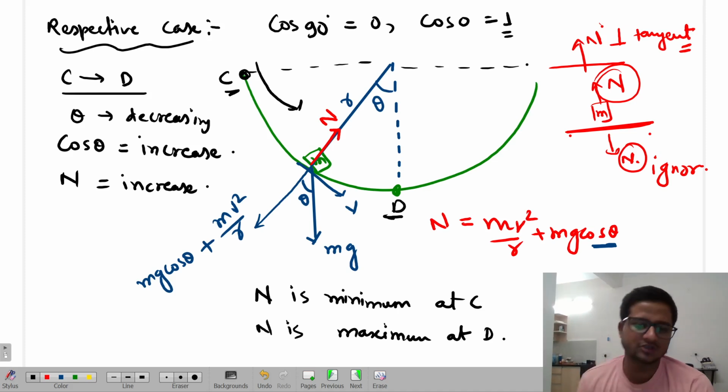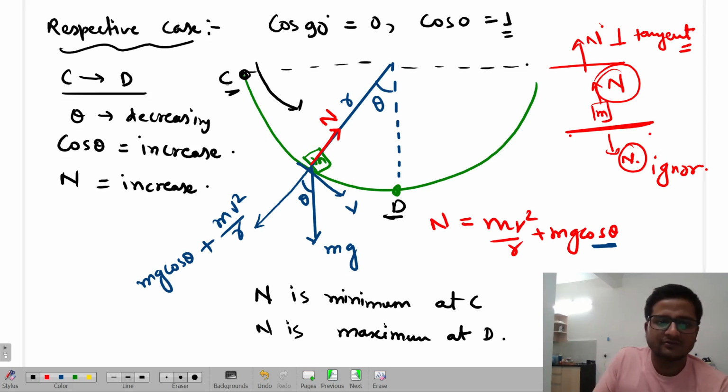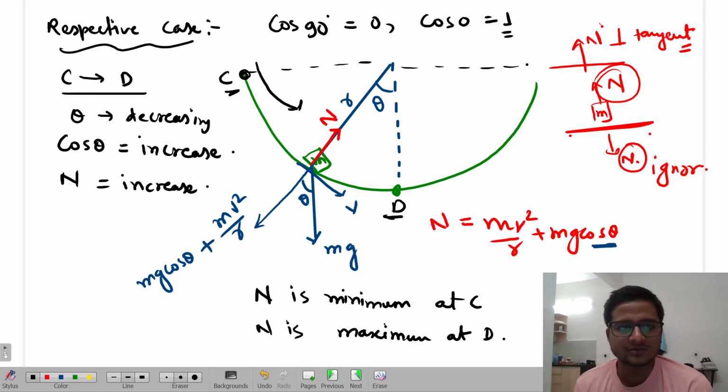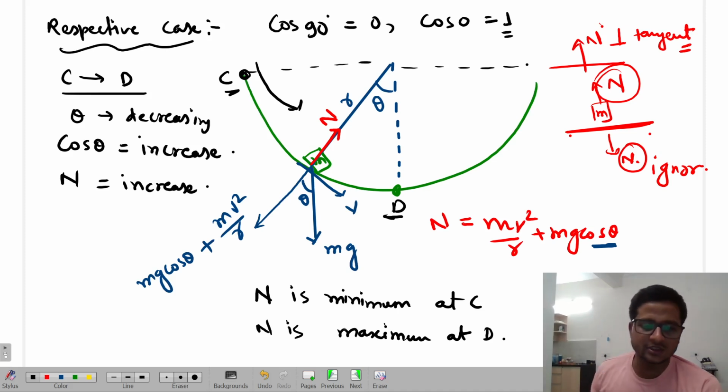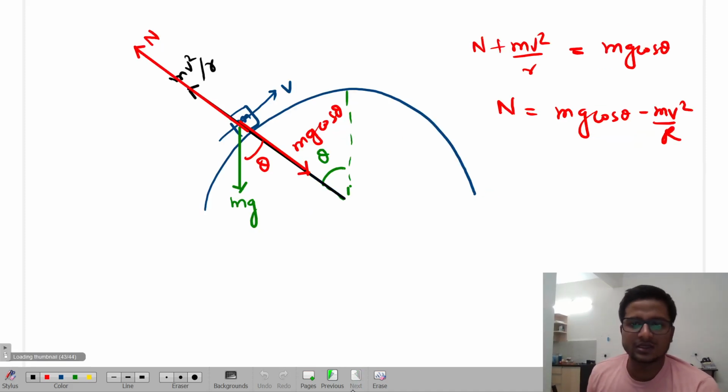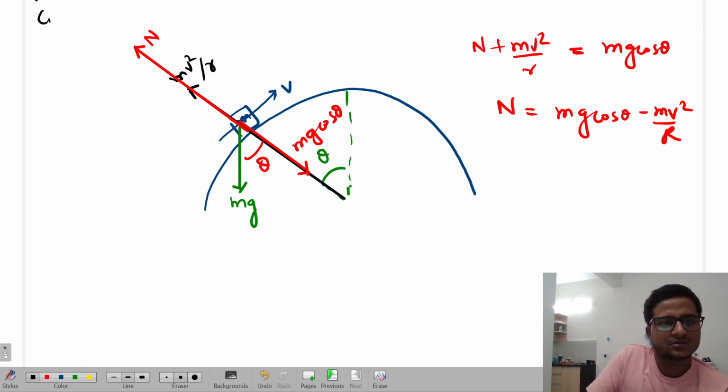It increases because normal is the measure of weight. As I move, what we are observing is that from C to D normal is increasing, becoming maximum at D. That means weight is maximum at D while minimum at point C. Are you able to get me or not? Understood? Consider the next case, which is convex.